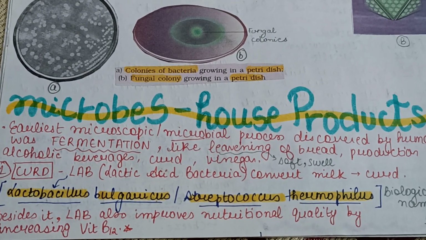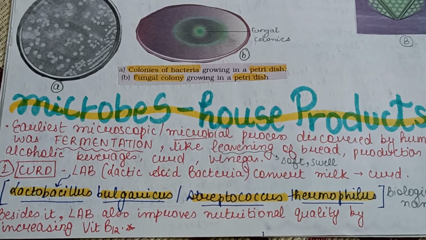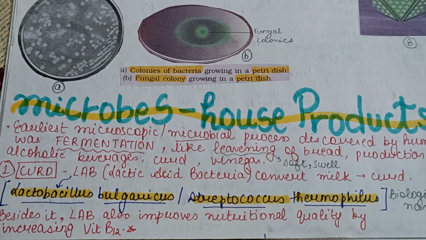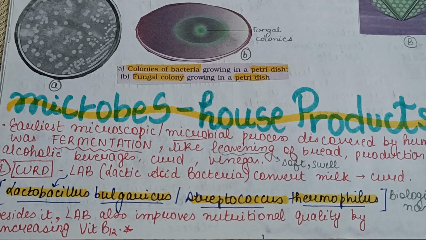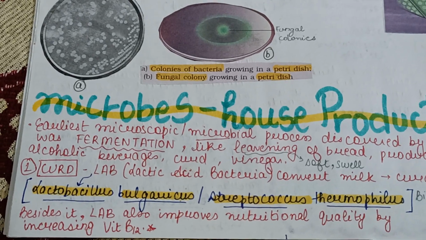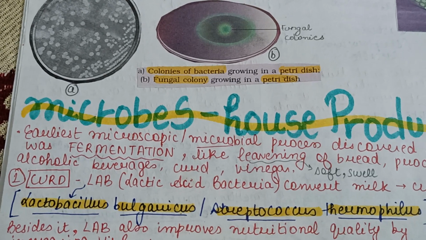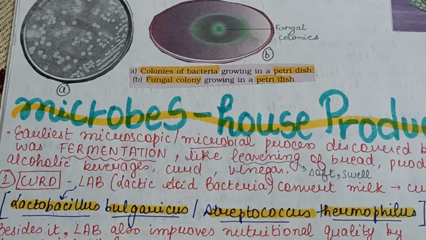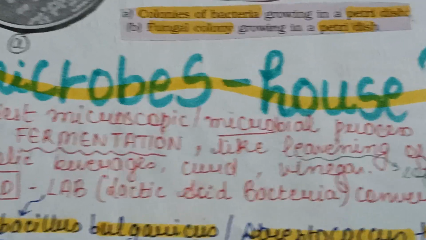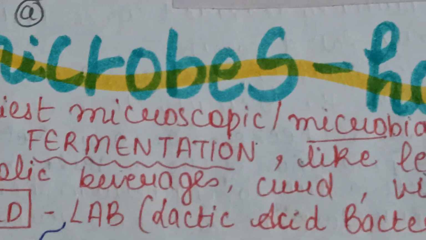Okay, the earliest microbial process discovered by humans was fermentation, like leavening of bread, production of alcoholic beverages, curd, vinegar, etc. Means that the earliest microbial processes discovered by humans, this earliest microbial process was fermentation.